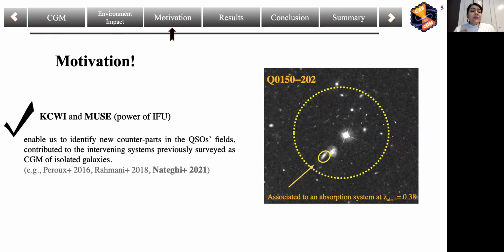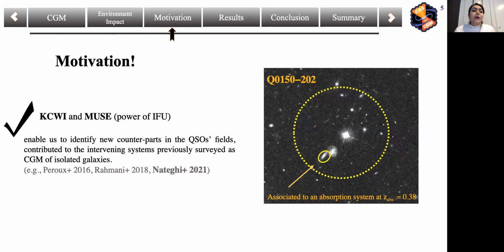Historically, many surveys looking for CGM host galaxies are not spectroscopically complete, whether to large impact parameters or to low luminosity. This is because it's been time intensive to obtain spectra of every galaxy in each field with a single slit spectrograph.